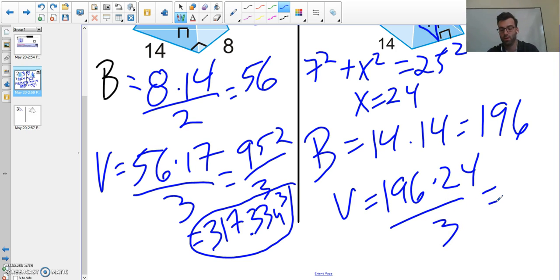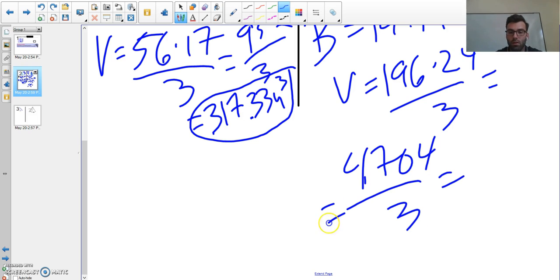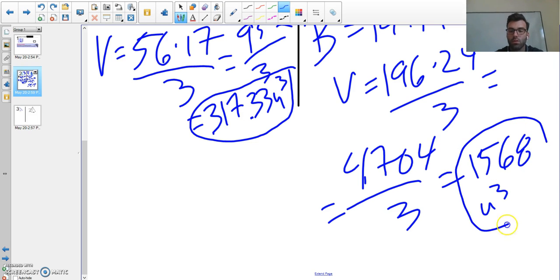And 196 times 24 is 4,704. 4,704 divided by 3 gives you 1568 units cubed.